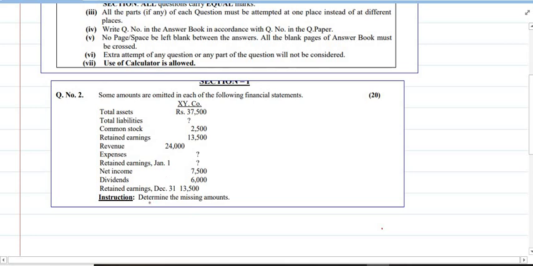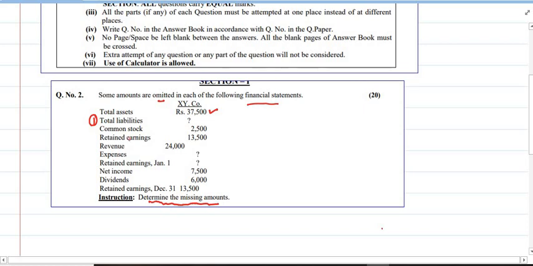If you see here, the requirement is to determine the missing numbers. Now let's start from the very beginning: what is the question all about? Some amounts are omitted in each of the following financial statements. The total asset is given, fine. Total liability is missing, we have to find it.